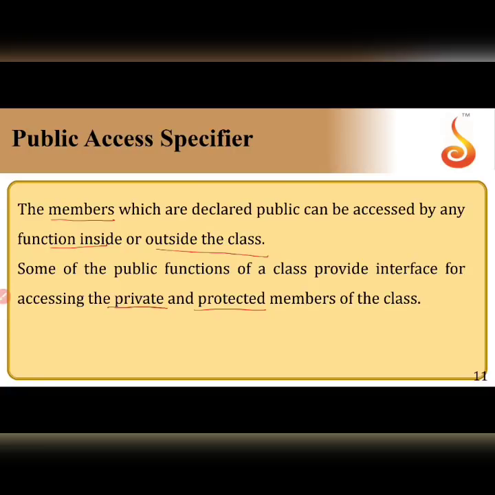So all the three were private data of the class. So, using a public function, that is display, I could access the private data. It provides an interface for accessing the private data as well as protected data of the class.